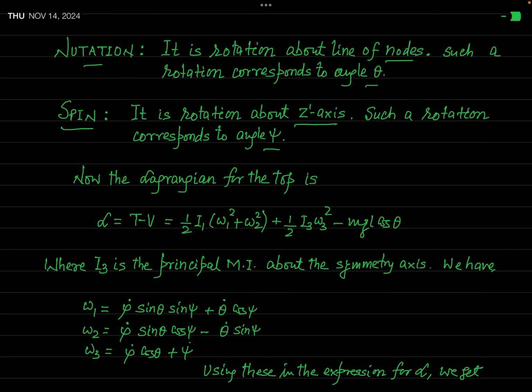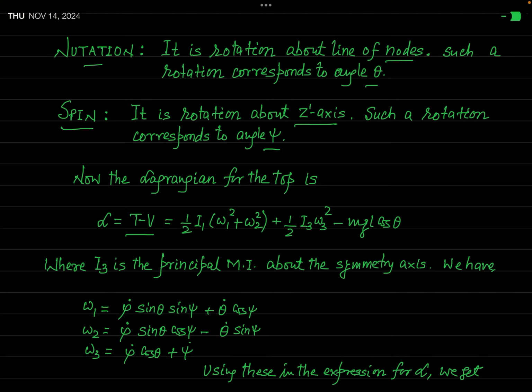And so first of all we will try to find the Lagrangian for this system. You know, the Lagrangian of this system L in general is defined by T minus V. This is the general definition of Lagrangian, where T is the kinetic energy of the system and V is the potential energy.